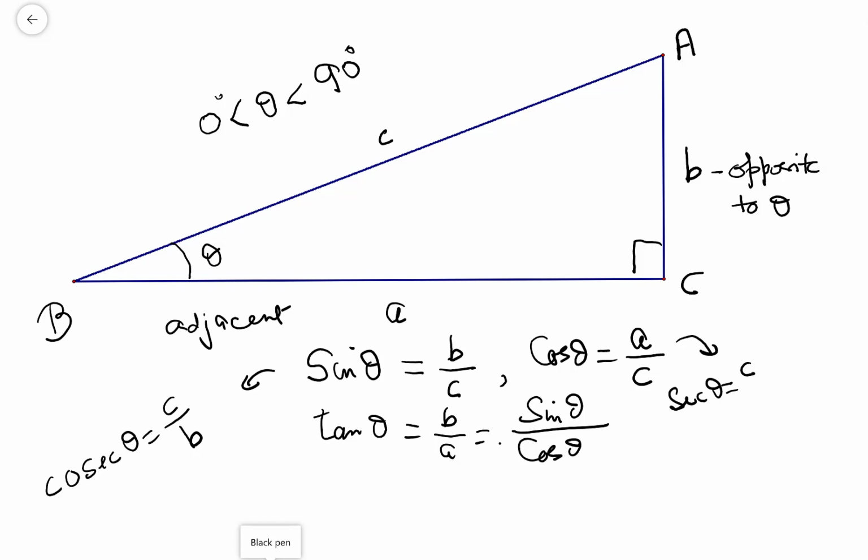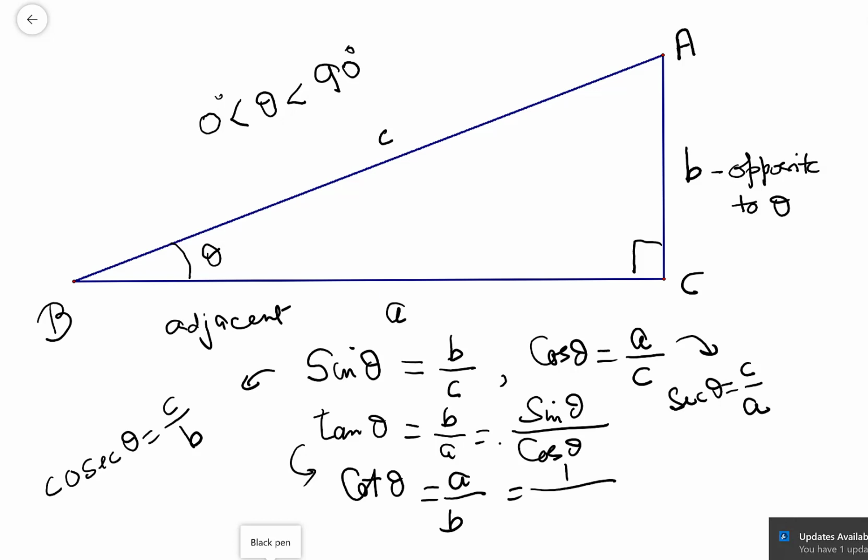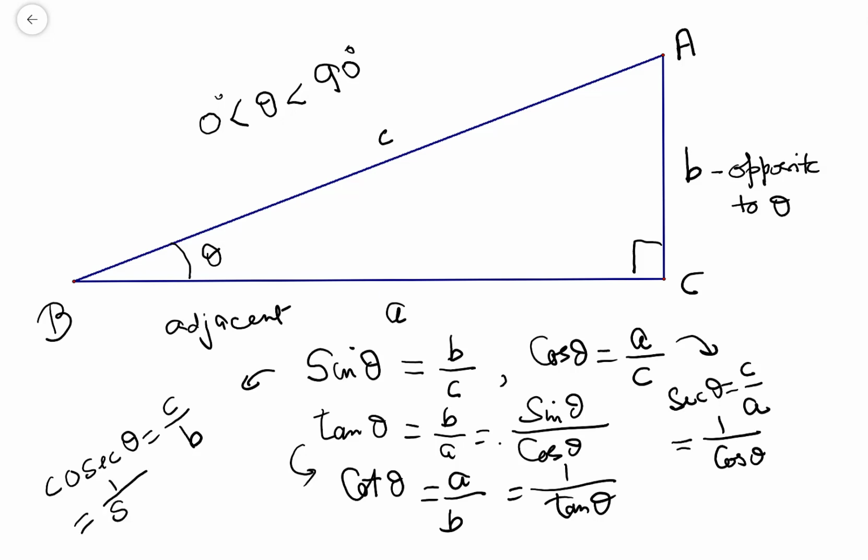So here the reciprocal would be C over A. And then for the tangent, we define the cotangent of theta as adjacent over the opposite. And this, of course, is 1 over tangent theta. And this one, as I said, is 1 over cosine theta. So cosine and secant are reciprocals of each other, and cosecant and sine are reciprocals of each other.